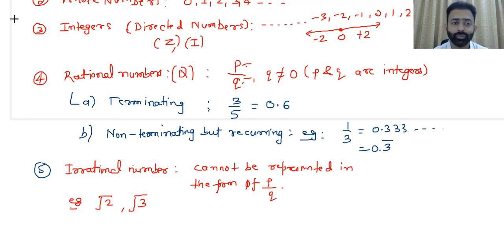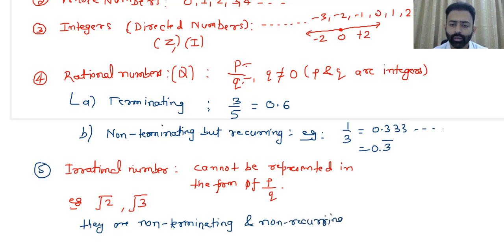Okay, so the property of these irrational numbers is that they are non-terminating, just like the decimal part of some rational numbers, but the only difference is they are non-terminating and non-repeating or non-recurring.